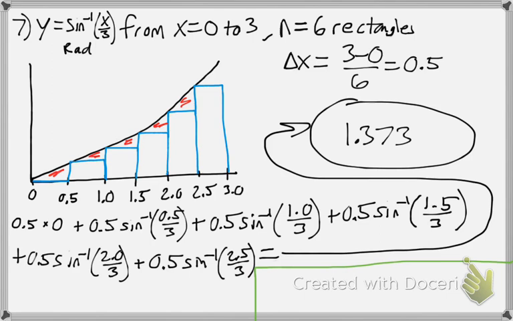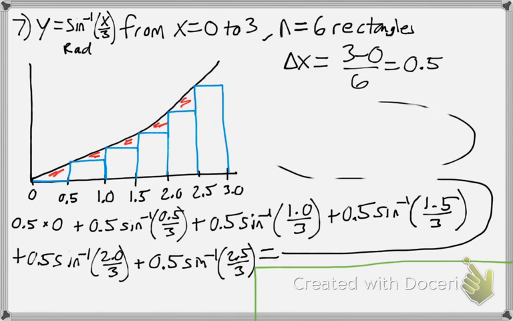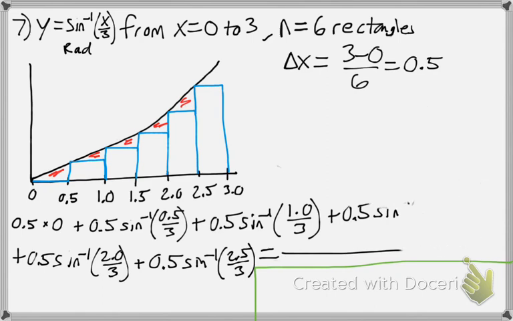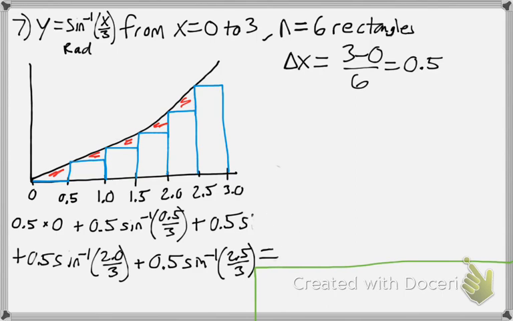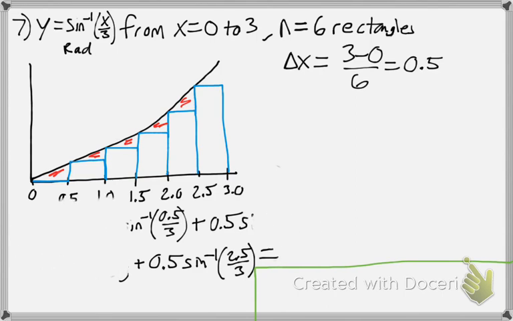Now let me erase this so I can do it with the right triangles. I'm sure that there's like a clear all button on this app that I'm using, but I can't find it.